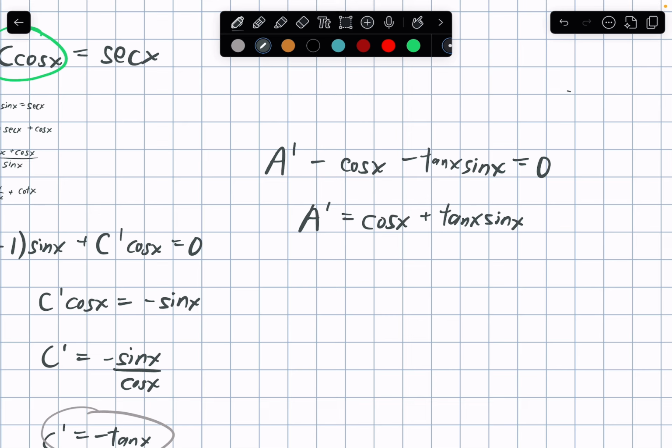Sine over cosine, sine squared x over cosine x.